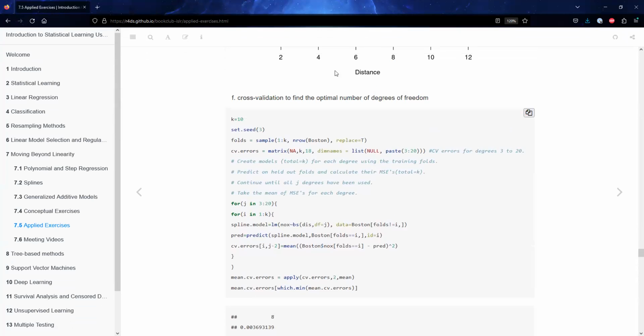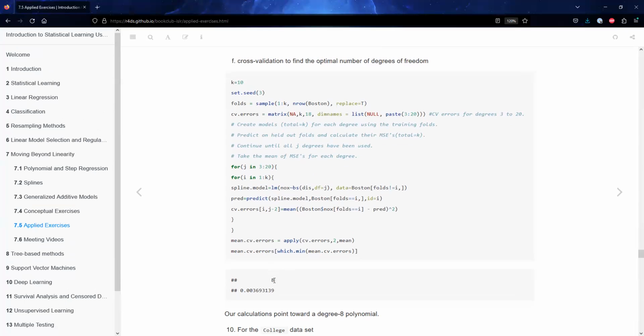But for the scenario above, we found that 8 degrees of freedom, as far as how to make the splines and the piecewise functions, seems to lead to the lowest cross-validation error. This should probably say degrees of freedom.